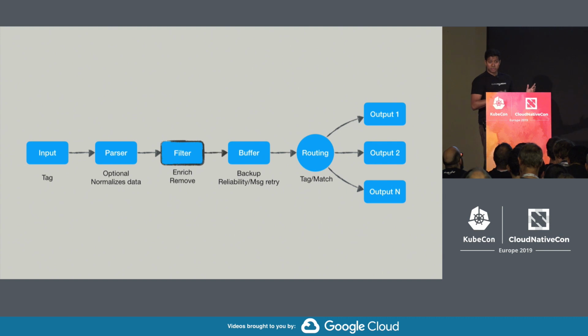From then on, it goes to the filtering stage. Now, this is actually, in my opinion, one of the most important things in Fluent Bit. So this filtering stage allows you to enrich your data. What does that mean? So in the Kubernetes world, the log that comes in from the Docker log file is a JSON with a key of log, stream, which is standard out or standard error, and then I think a timestamp.